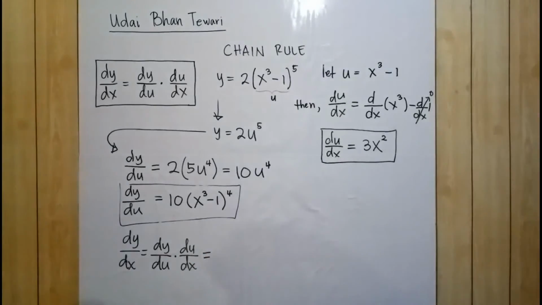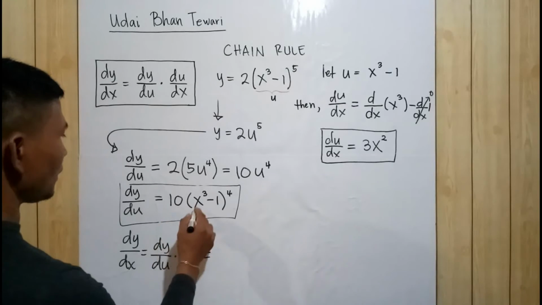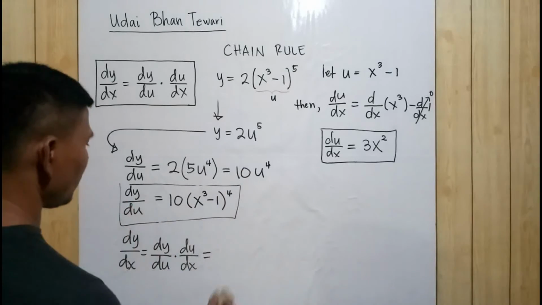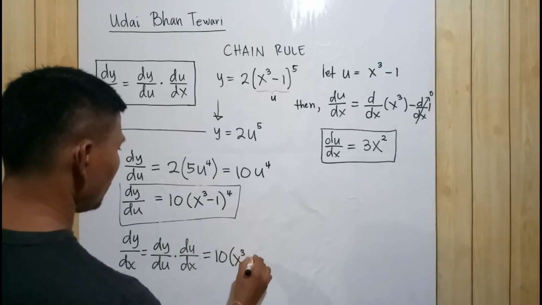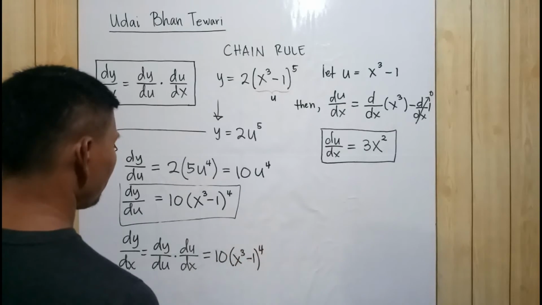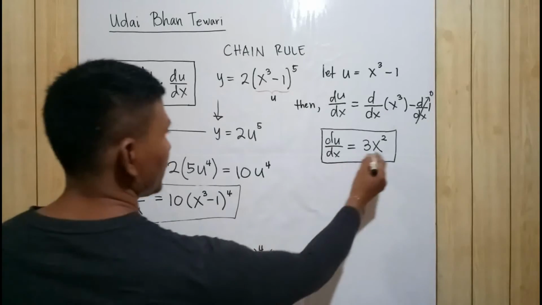Substituting the values, dy/du is 10 times the quantity x cubed minus 1 to the 4th power, and then our du/dx is 3x squared.